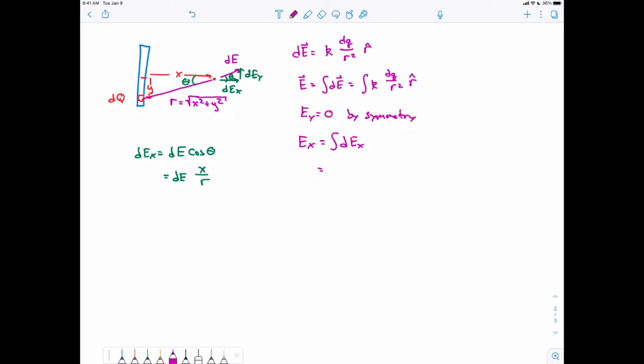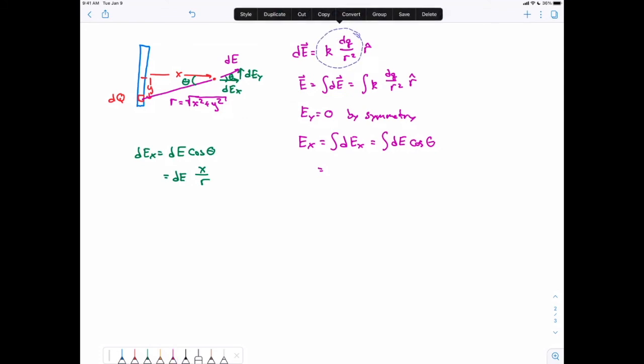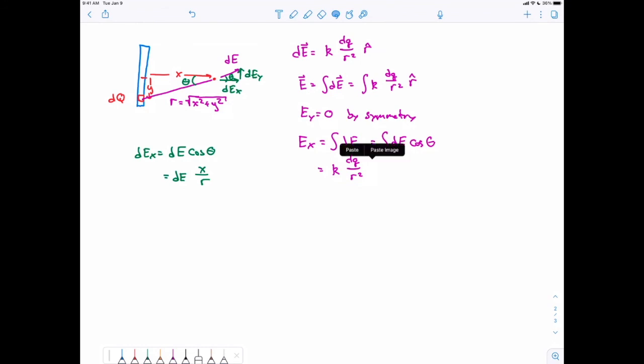Okay, so putting that together, my dE, I've got an expression for right here. My cosine theta is x over r. And there are other things that I can substitute.